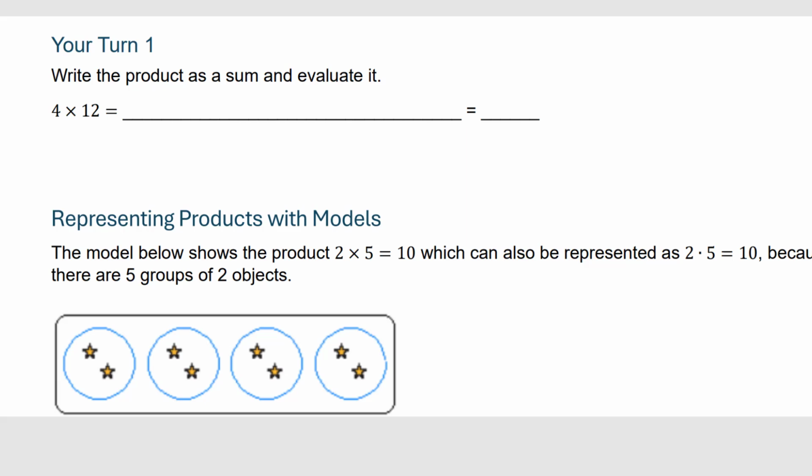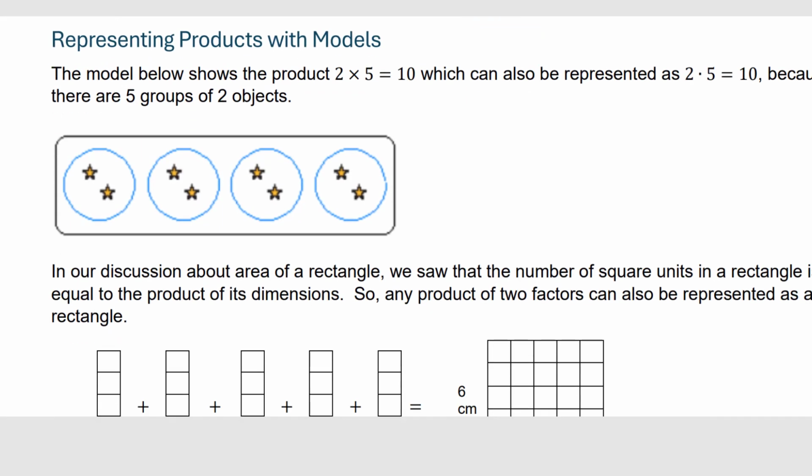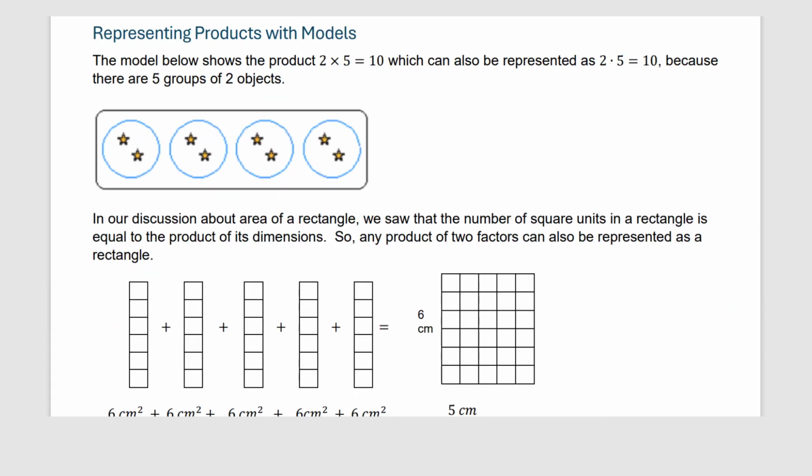Now we're going to move on to representing products with models. So multiplication is also finding a product, and finding these products, like 2 times 10, can be represented in different ways. So the first model that we have right here shows 5 groups of 2 stars. Each circle is one of the groupings.